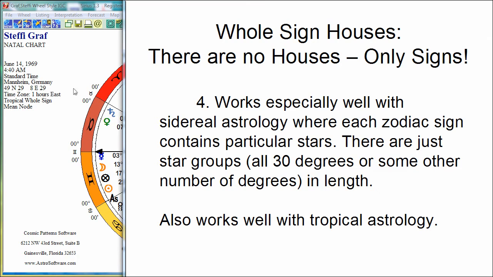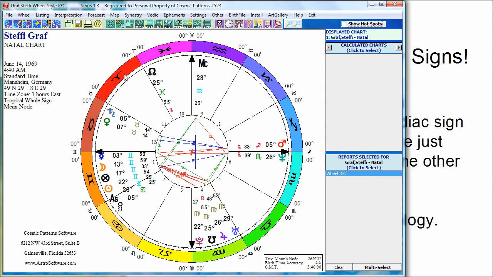So really what you're looking at if you're doing sidereal astrology with whole sign houses, as is done in Vedic astrology, you're looking at how groups of stars are all related to each other. So the group of stars that is Pisces for Steffi Graf, they're in a fourth house relationship, or 4 signs away, from the stars that are in Sagittarius. So you're looking at the relationship of distances, relative distances between groups of stars.